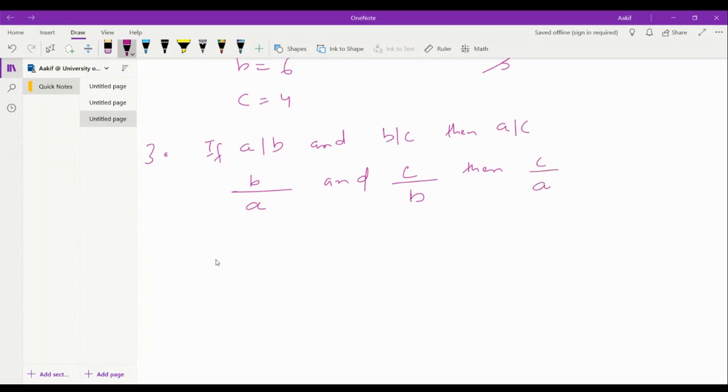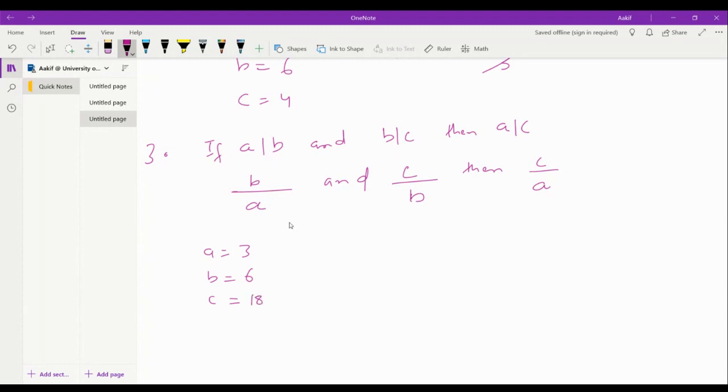Now let's look at this case where A is 3, B is 6, and C is, let's say, 18.